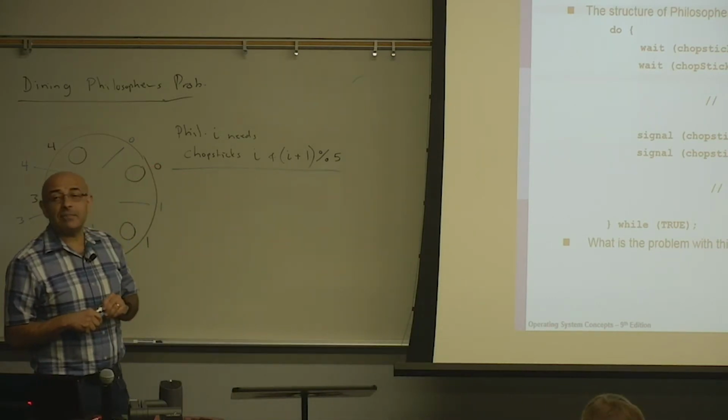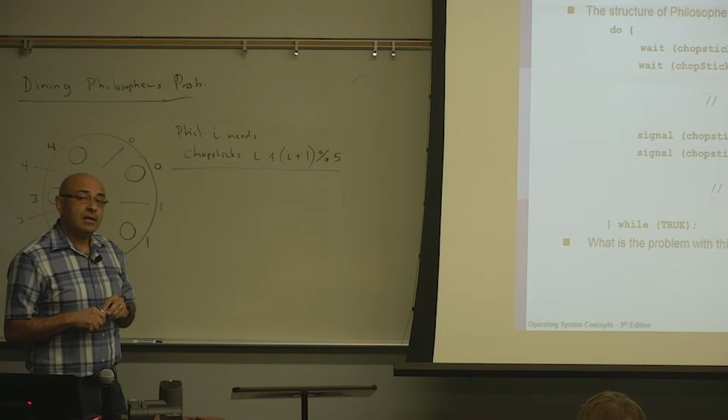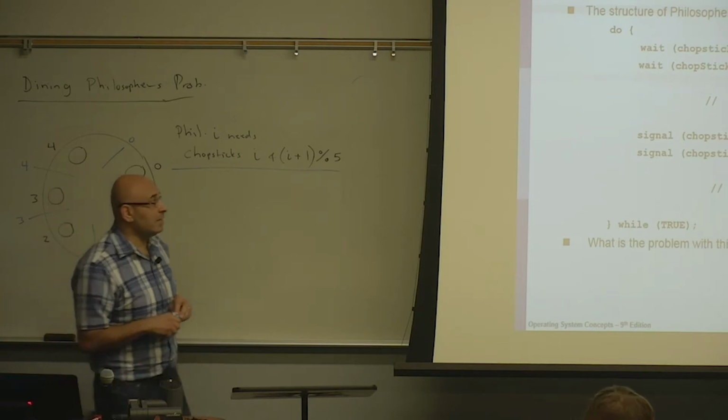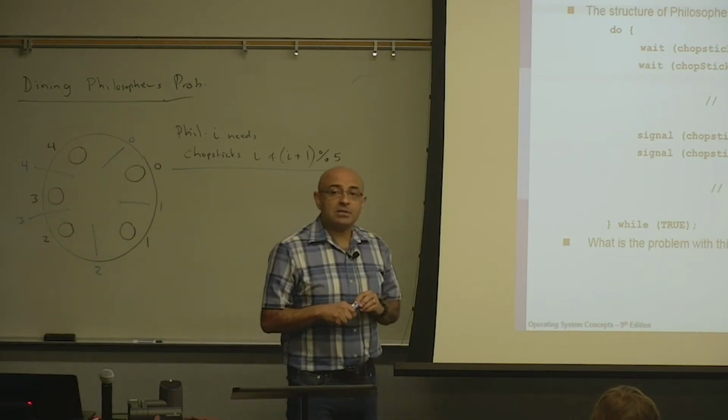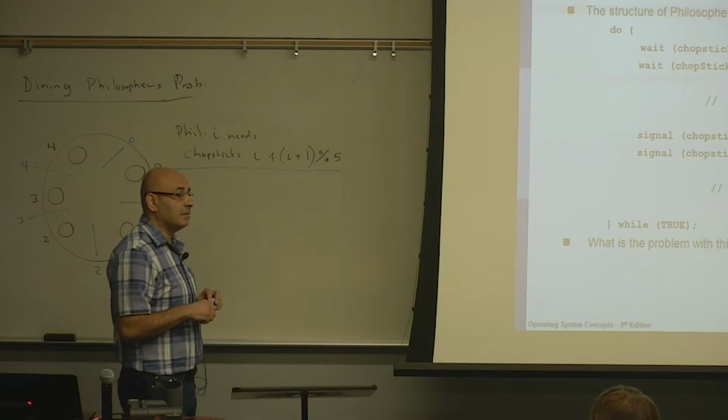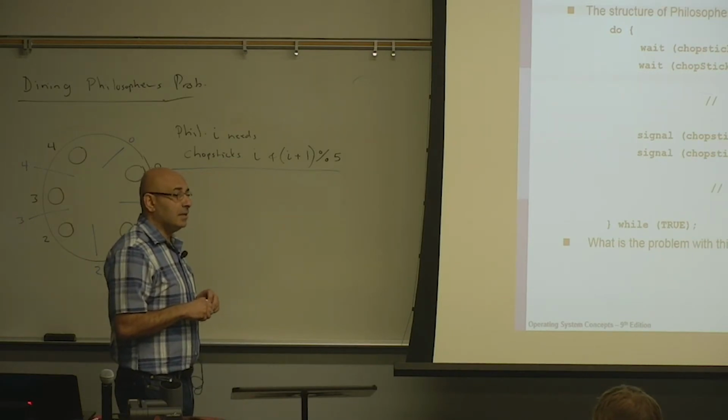But how will this happen? How will each philosopher end up with one chopstick? Can you give me more details about how this will possibly happen? If they get one and then they get interrupted, and then the next one gets one, and it gets interrupted. Yeah, exactly.